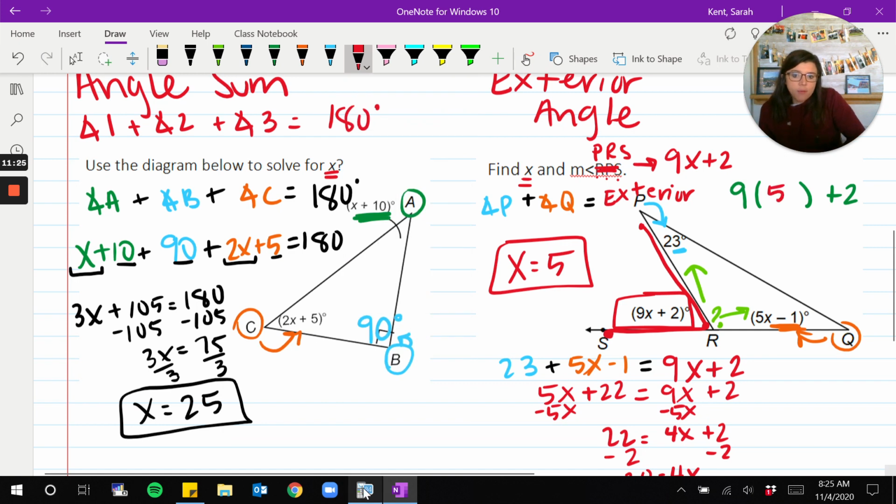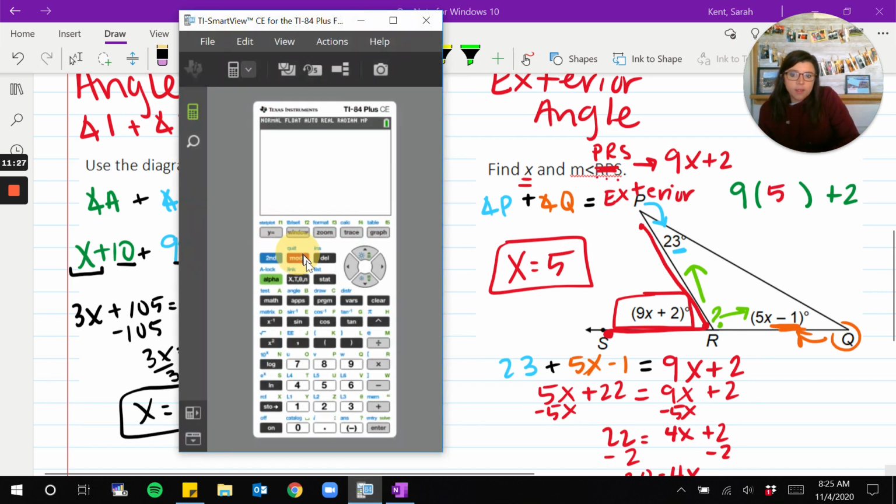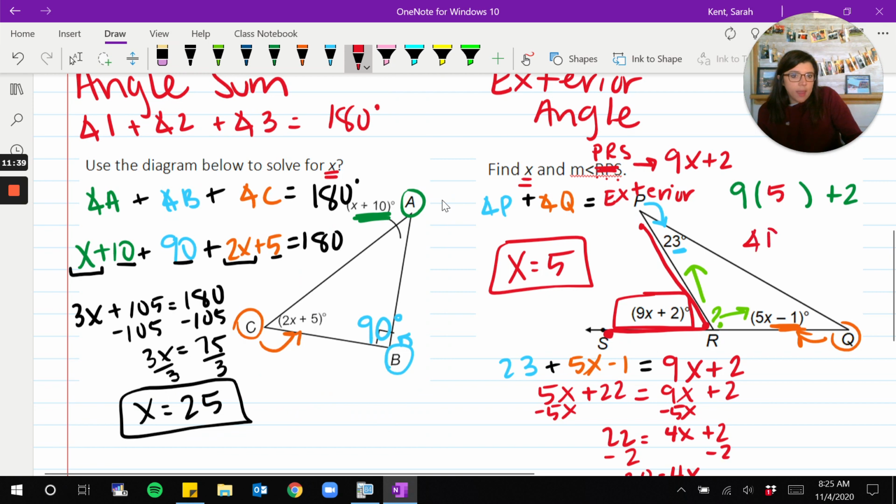So now if I work this out, I've got 9 times 5 plus 2. Push enter and we get 47. So angle PRS equals 47.